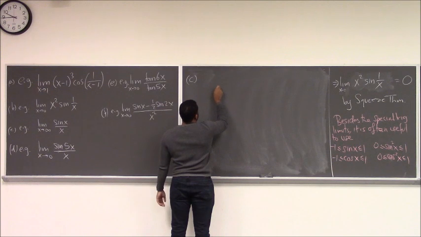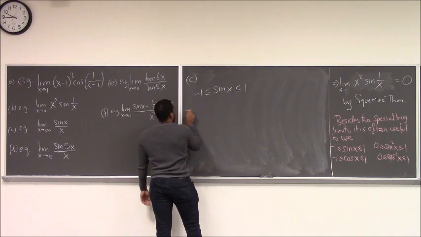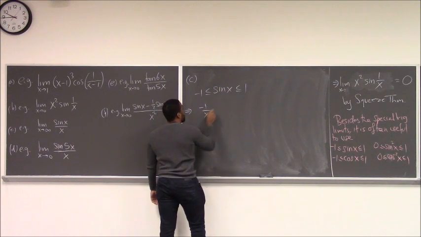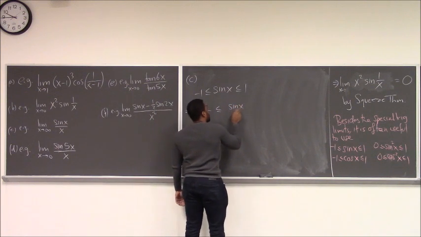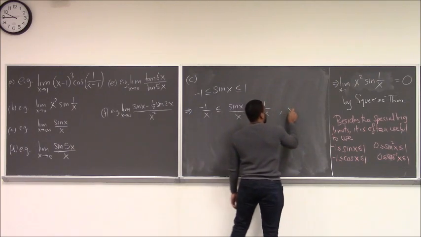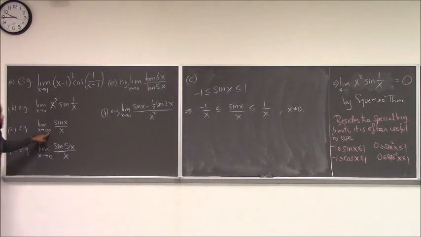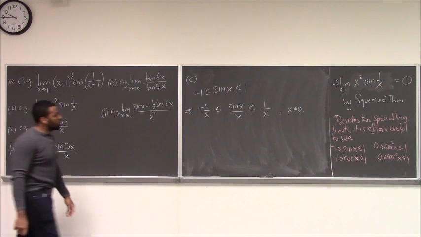So we know that sine x is between 1 and minus 1. This implies I can divide through by x for any non-zero x. X is going off to infinity, so it's going to be a very large positive number, so I know it's not 0.